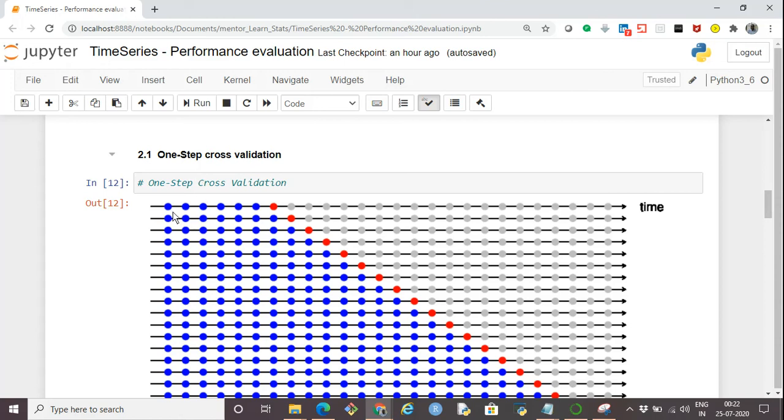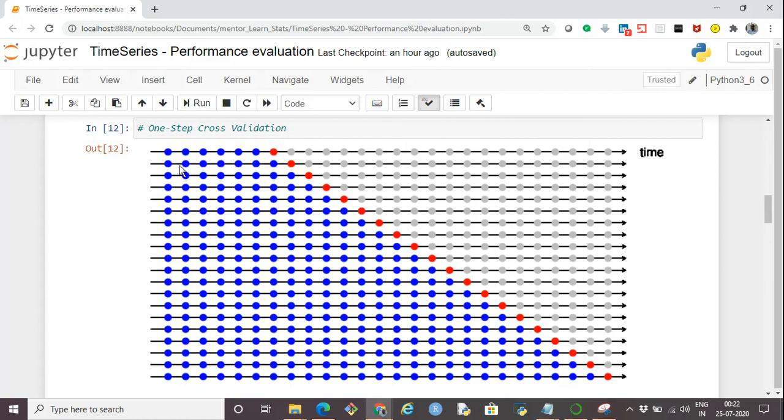The timestamp where the training data set ends, the immediate next data point, is considered as the test data set. So we build a model using this much training data, and then we predict for the timestamp immediately next to it, and then we compare that forecasted value with this test data, and we see how good or bad our prediction is.